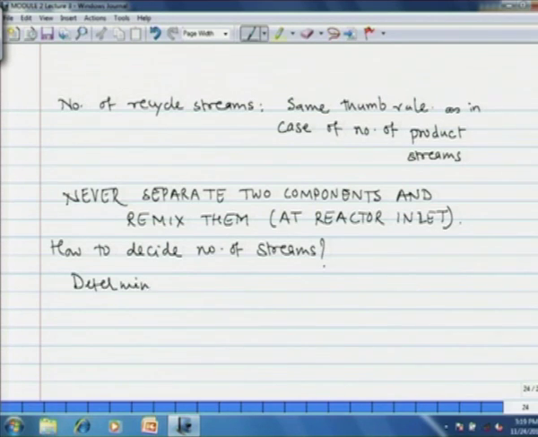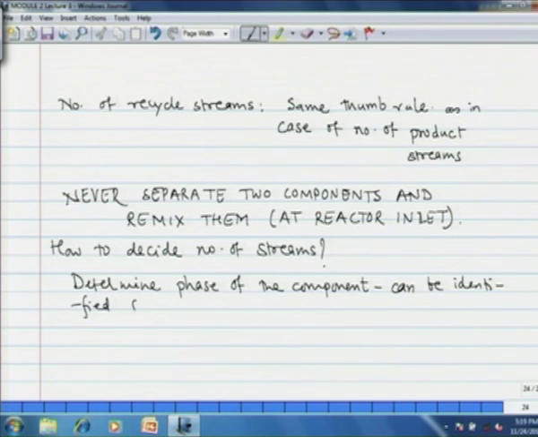The phase of the particular component can be found from its normal boiling point. And then the destination.